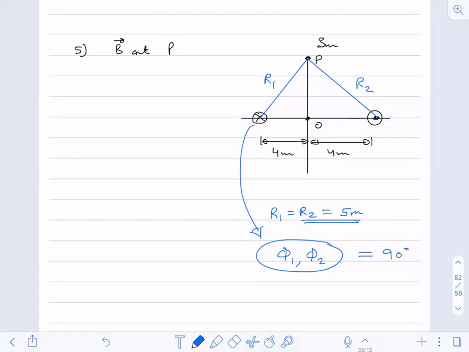And for this wire also, if you calculate phi 1 and phi 2 values, this will also tend to 90 degrees. Now, can you individually get the values?